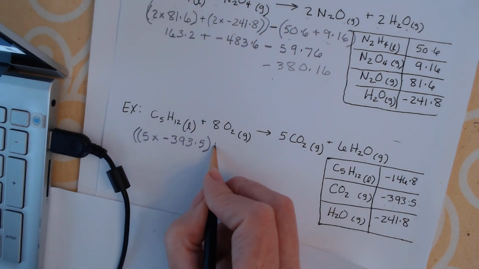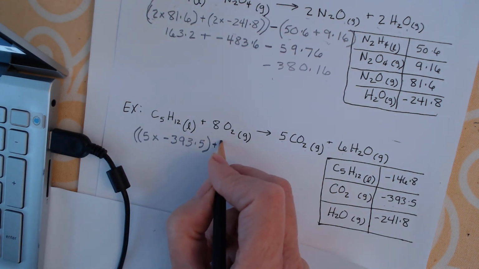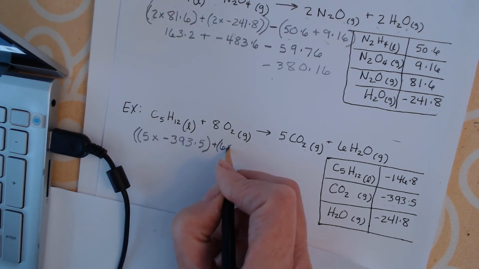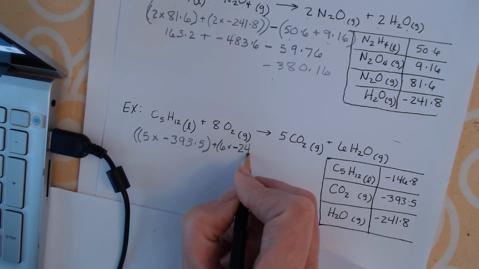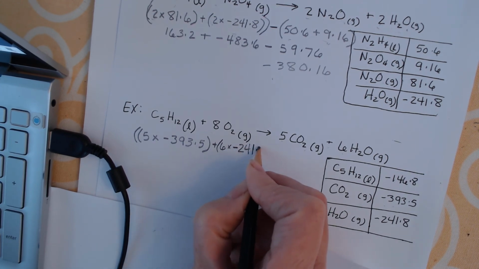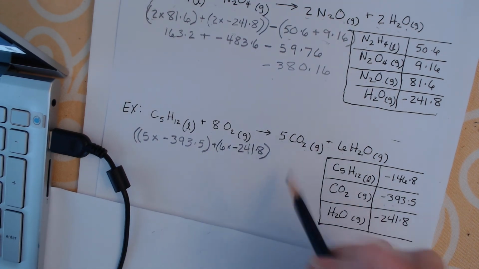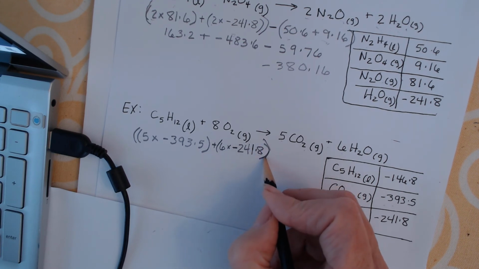H2O is always big. This is going to be a ginormous number. Yeah, look at that. 6 times 241.8, negative. Remember to get your negatives in if it's a negative number. Okay, there we have that. So I've got my products in here now.